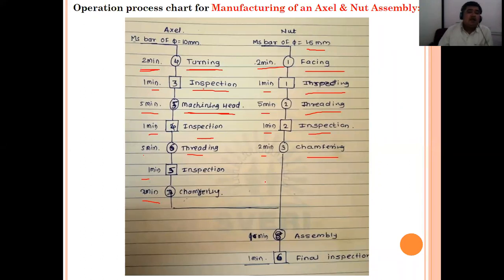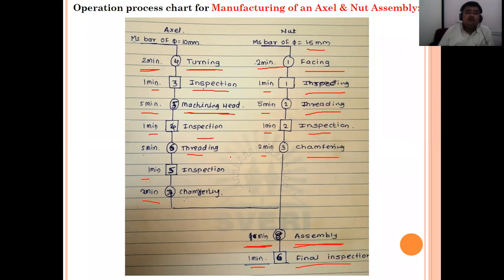Then after doing all the operations for axle and nut, the last operation is the assembly. Assembly requires 10 minutes. And after assembly, final inspection requires 1 minute. So like this, the chart is prepared.